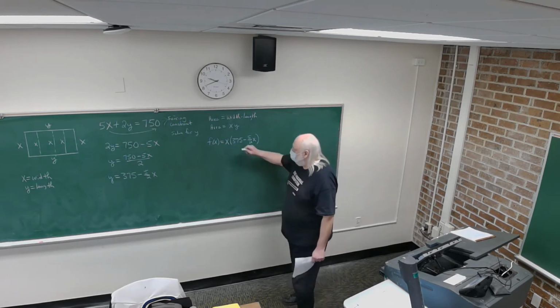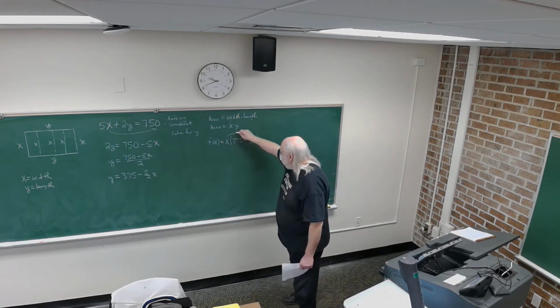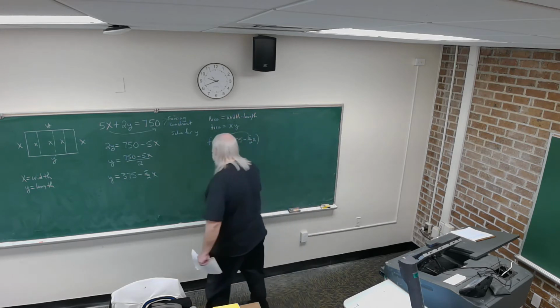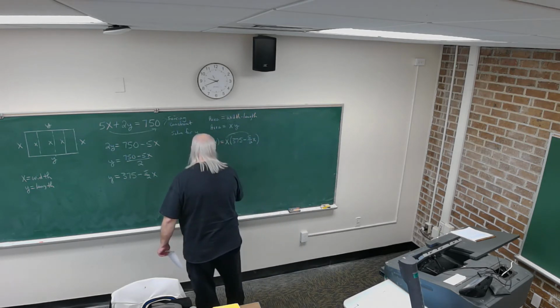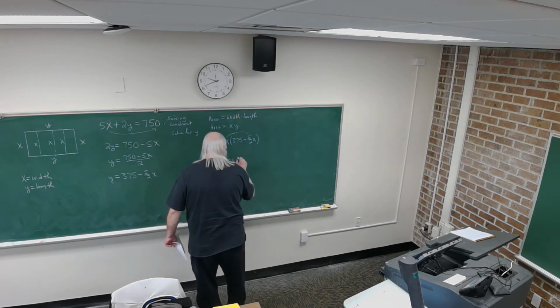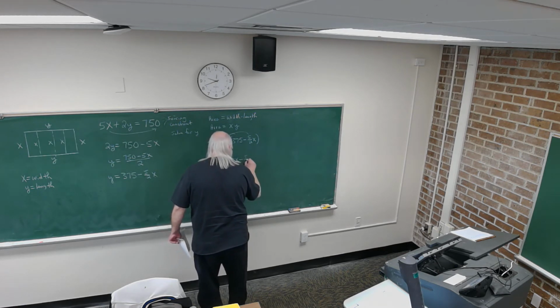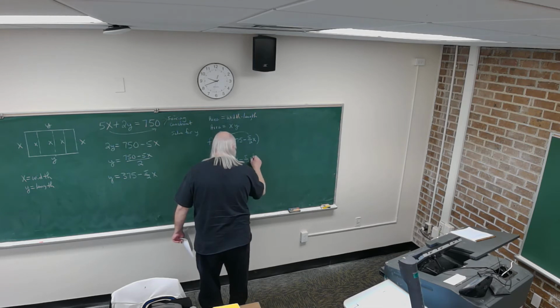But now I can distribute the x inside the parentheses, and I have f of x is equal to 375x minus 5 halves x squared.